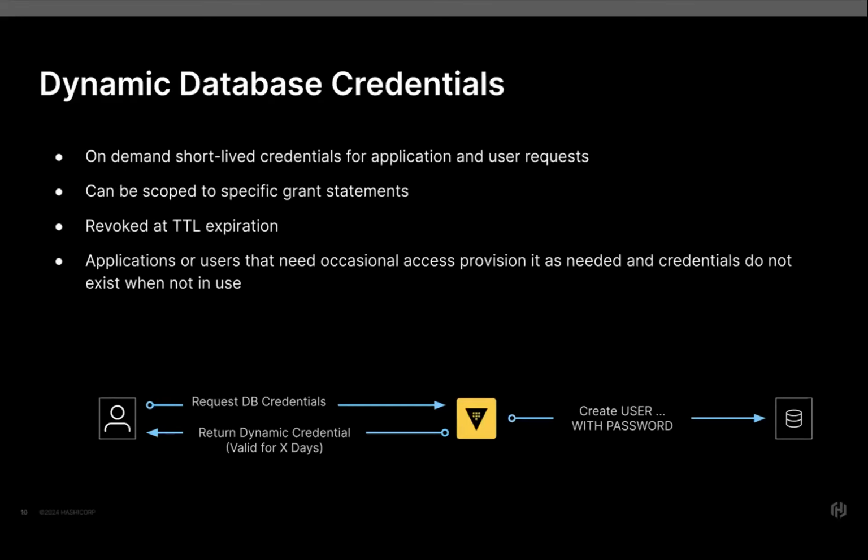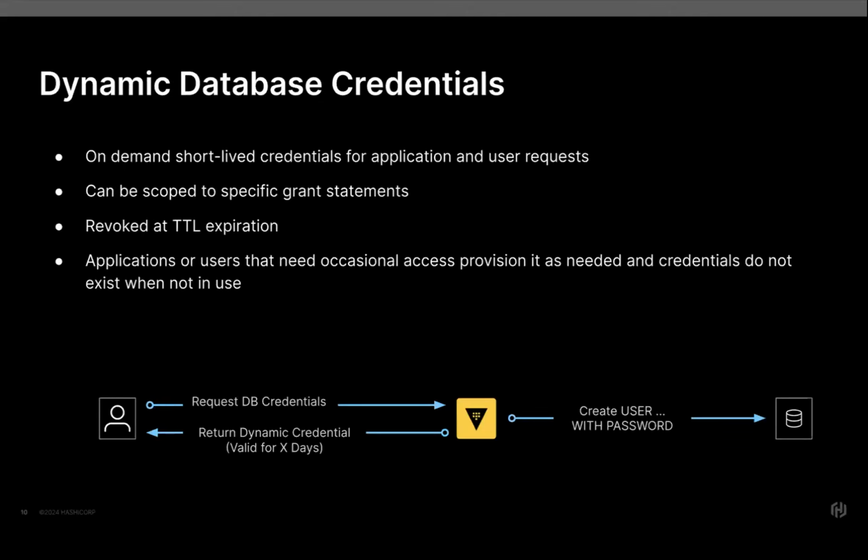So for the dynamic database credential, basically, you're going to configure Vault, and when the user or the machine, or whatever is an identity in Vault, or client, requests, Vault will on demand create the user, right, and the password, and the role attached, of course, based on the configuration you set up in Vault.